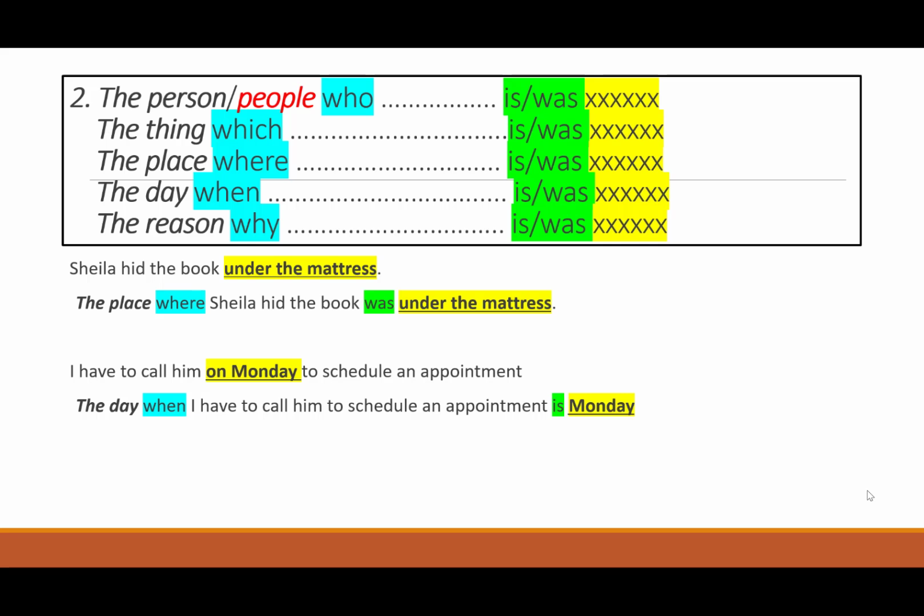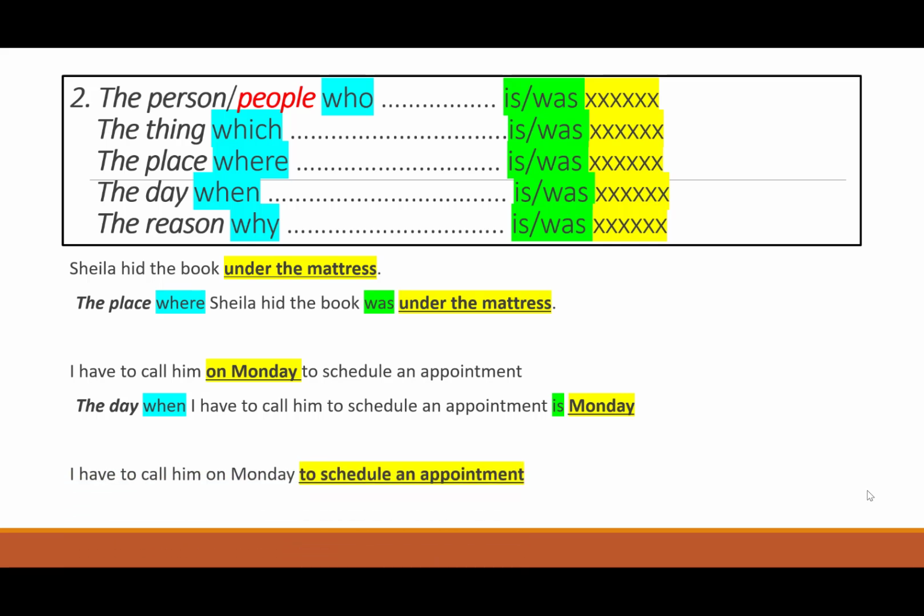Then you continue the sentence. I have to call him to schedule an appointment. Then you put be, was, or were, or is. Check the tense. This is present simple, you have to use is. Then the one we stress, Monday. The day when I have to call him to schedule an appointment is Monday.